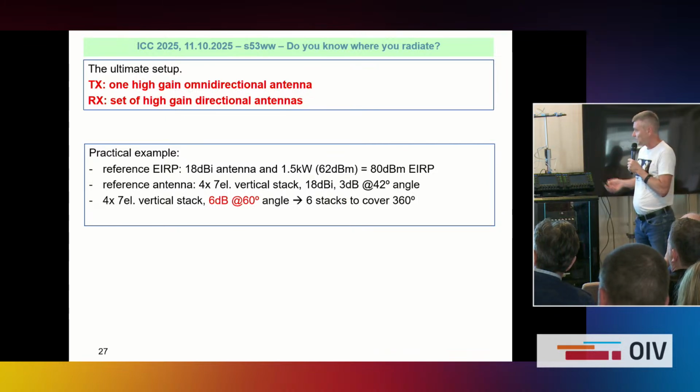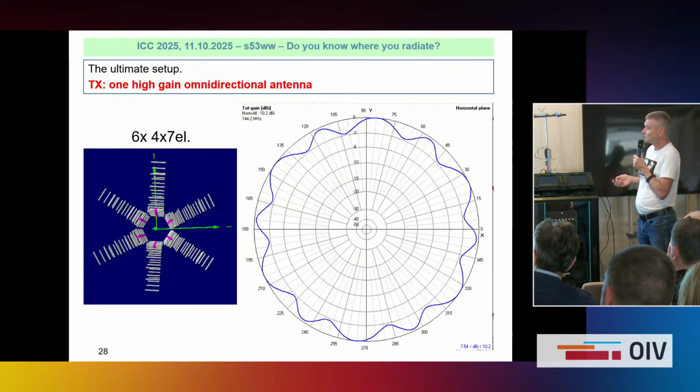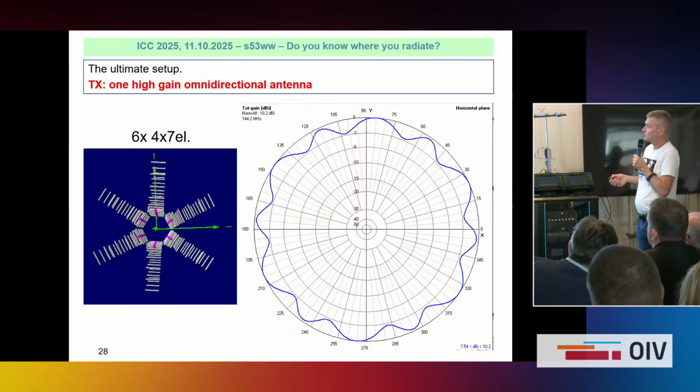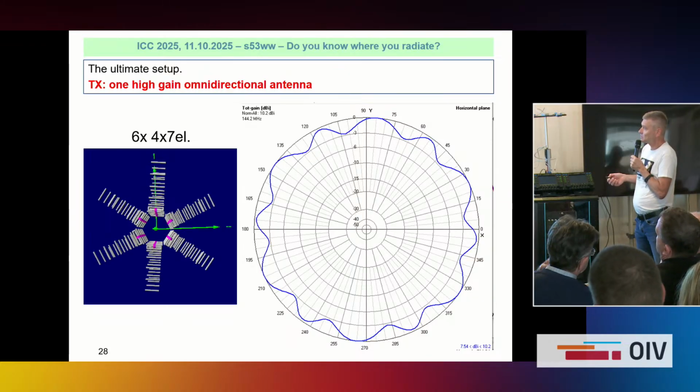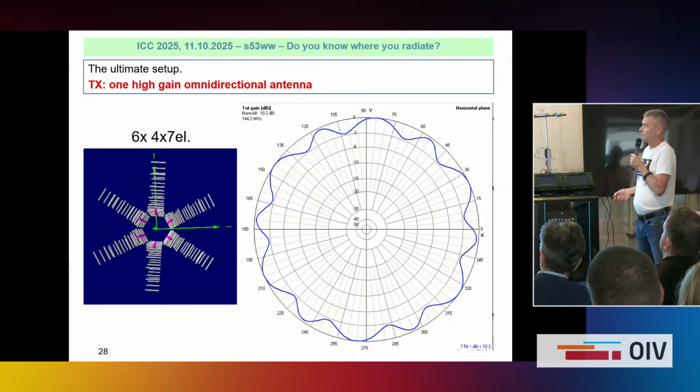That's not for the record, but you need 6 times 1.5 kilowatts. Otherwise, you are reducing your ERP. And how does it look, for example? So if you put this antenna like that, this is your radiation pattern. It's omnidirectional. You can say it's omnidirectional with plus minus 1.5 dB ripple around, which is negligible.